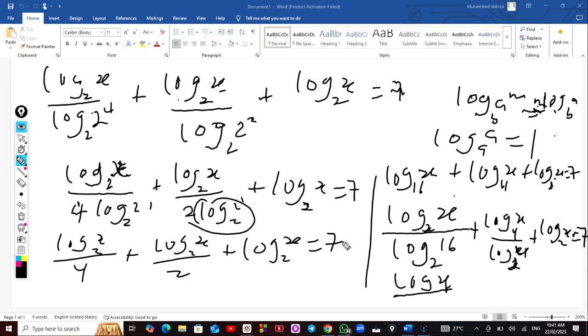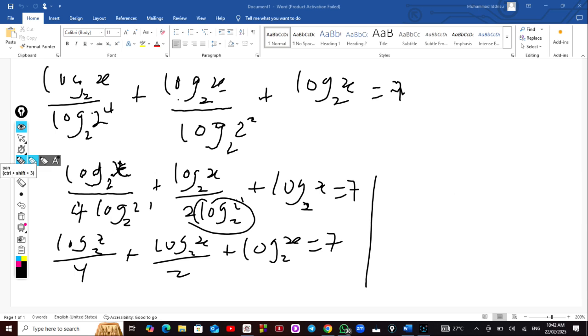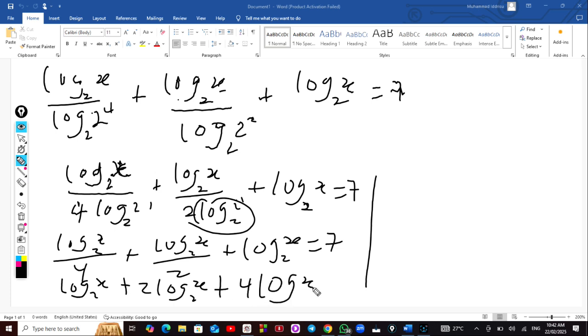So we can multiply through by the LCM, which is 4. We now have log x base 2, plus, multiplying this by 4, 2 log x base 2, plus 4 times this, 4 log x base 2, is equal to 7 times 4, which is 28.